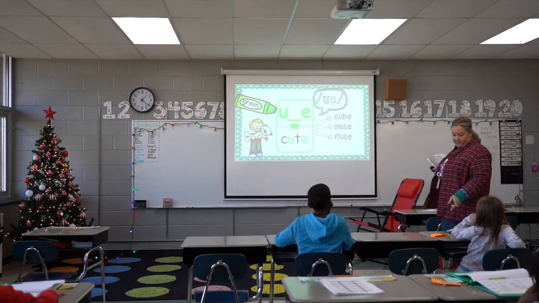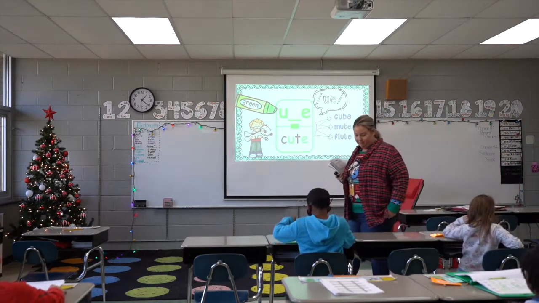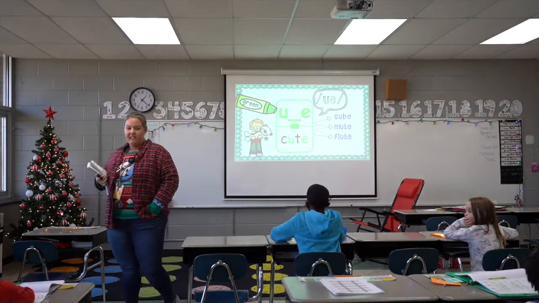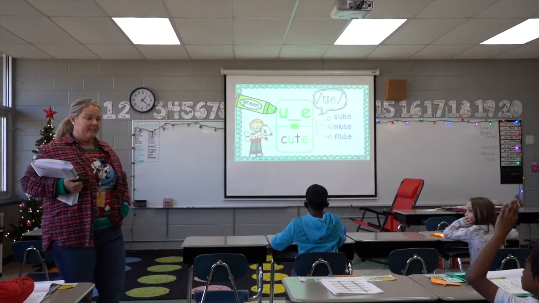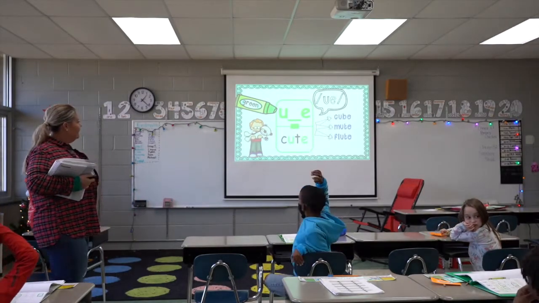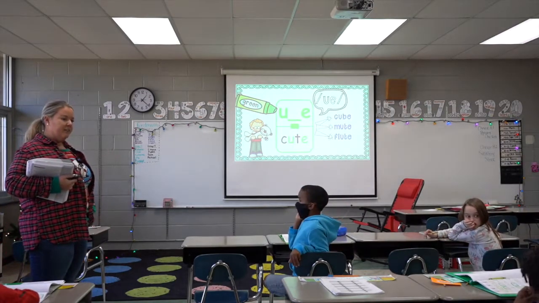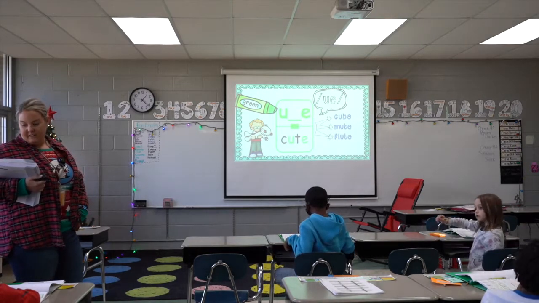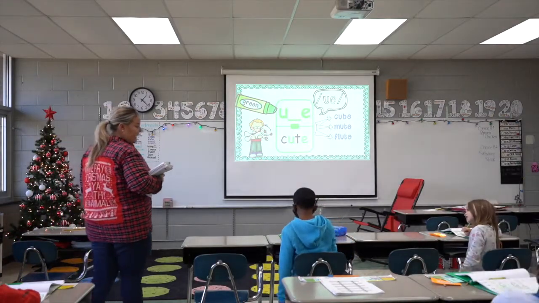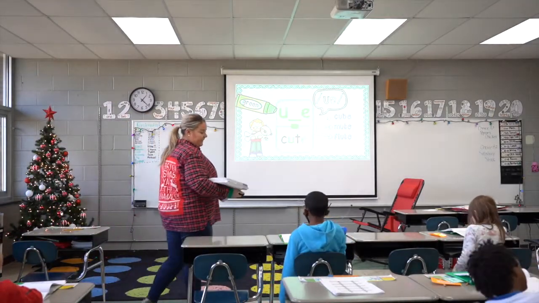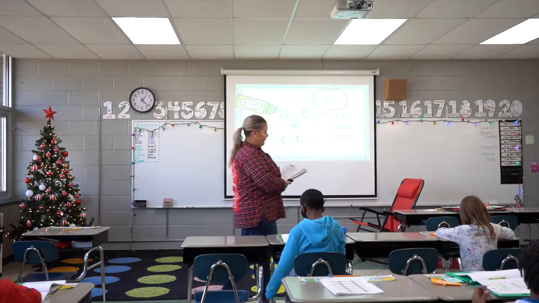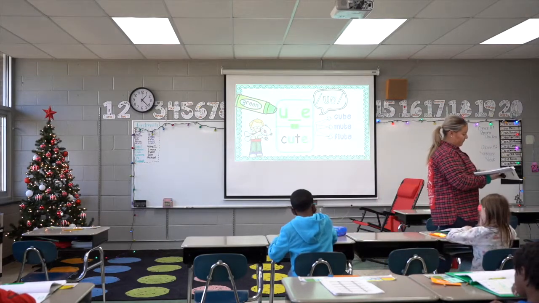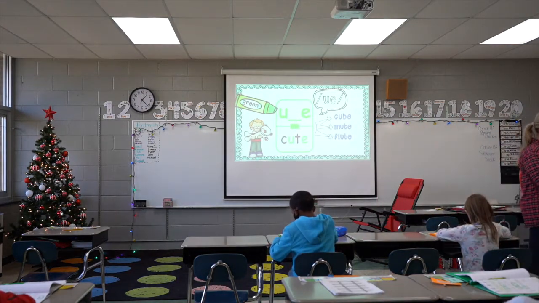All right, so look at your individual code chart, page 8. This one is review. If you were the teacher, what would you have us say, Kyron? Everyone together: U, consonant, sneaky E, U, like in cute. Now you do it two times. U, consonant, sneaky E, U, like in cute.